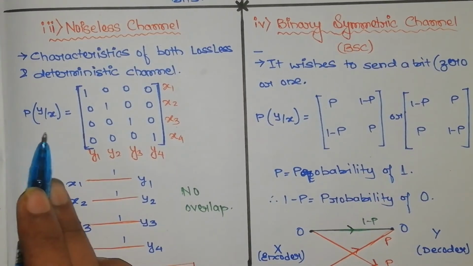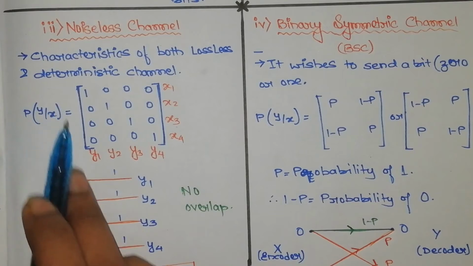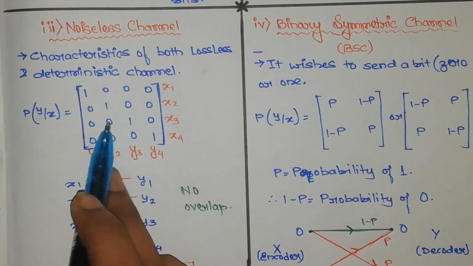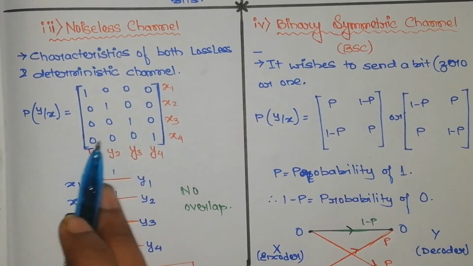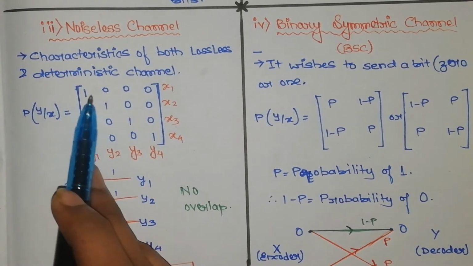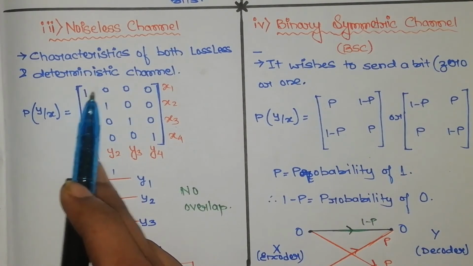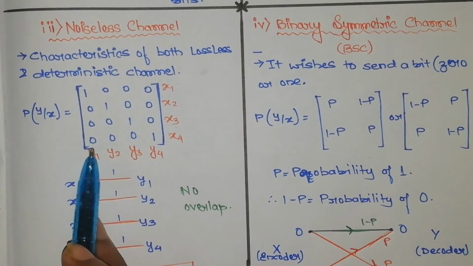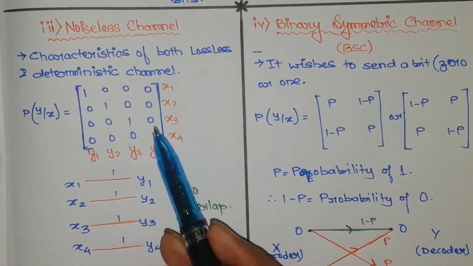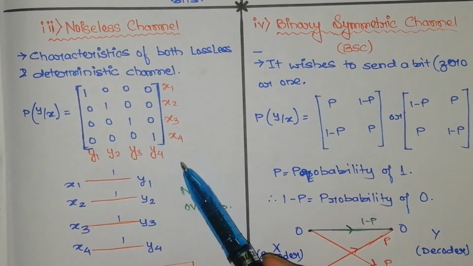This is an example of the transition matrix for the noiseless channel: P(Y|X) equals 1 0 0 0, 0 1 0 0, 0 0 1 0, and 0 0 0 1. So there is only a single non-zero element in a row and a column, similar for all the elements. There are 4 rows, so 4 inputs, and 4 columns, so 4 outputs.